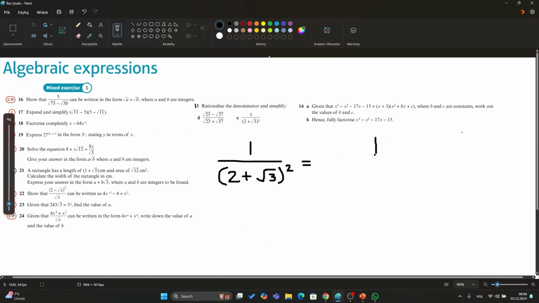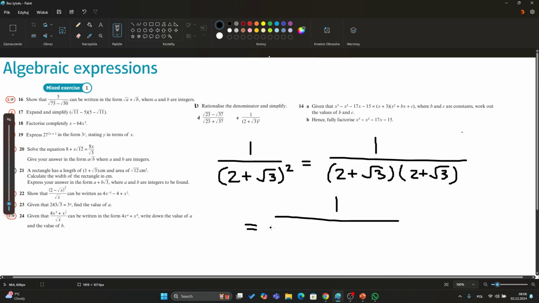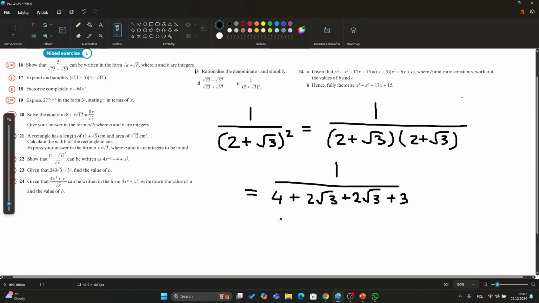We have to expand the brackets of 2 plus root 3 and 2 plus root 3, so that is 1 over 4 plus 2 root 3 plus 2 root 3 plus 3, and 1 over 7 plus 4 root 3.